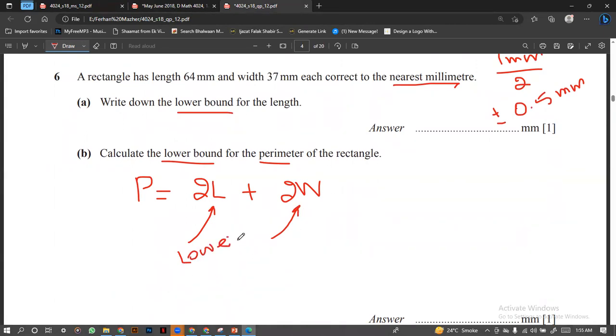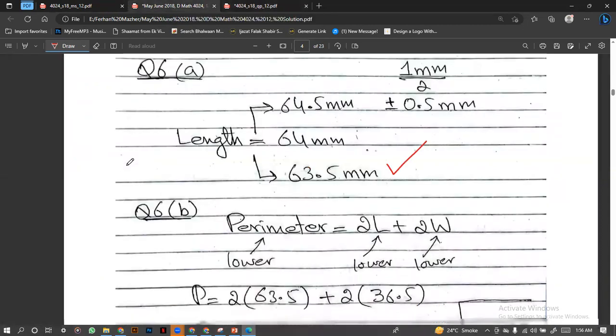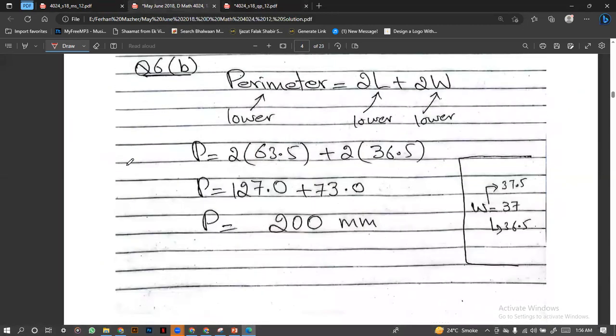But we don't know the lower value of the width, so we will find that. So first of all, I will find the lower value of the width. The width is 37, correct to 1 millimeter. So 1 divided by 2, that is 0.5 millimeter.